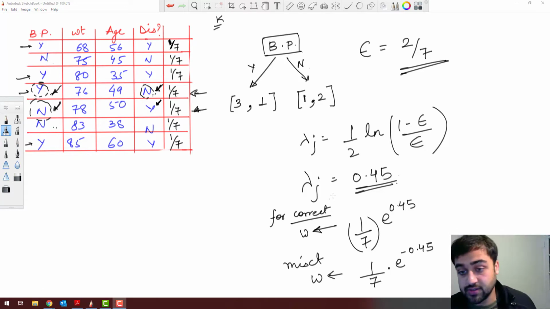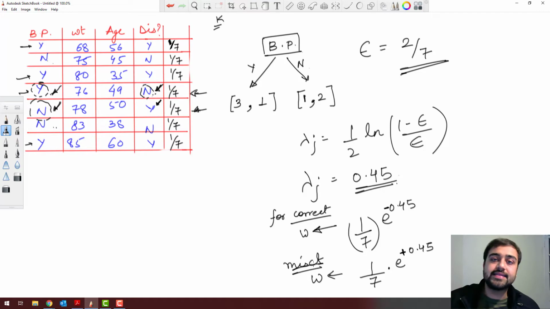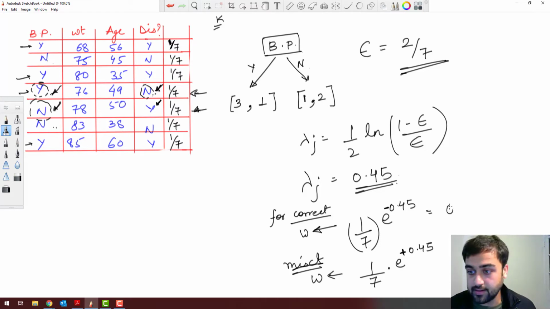My mistake, I'm so sorry. For correctly classified, we need to reduce the weight, right? So we take 1 by 7 into e to the power minus 0.45, whereas for misclassified samples, we need to increase the weight, right? So we multiply it with e to the power 0.45. This gives us the reduced weights as 0.09, whereas for misclassified samples, we get the weight as 0.22, right?